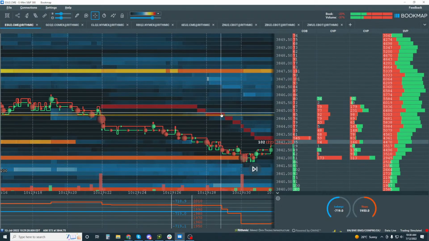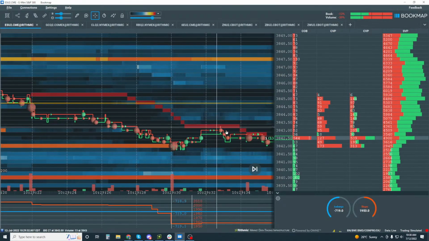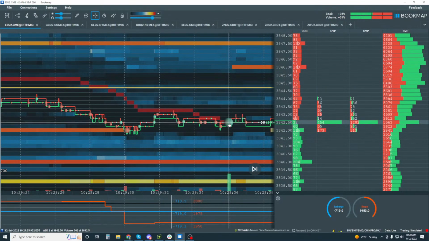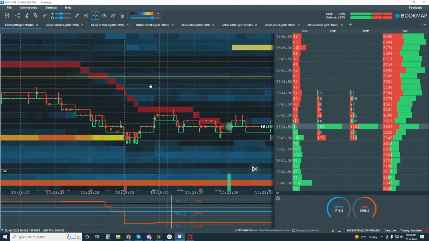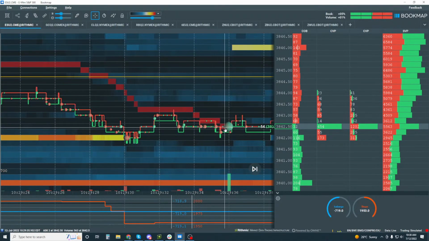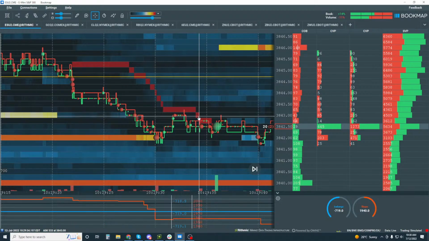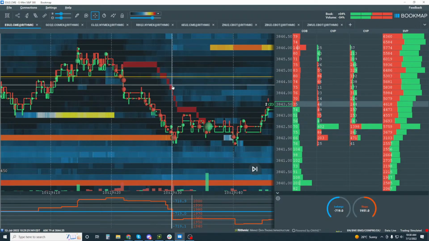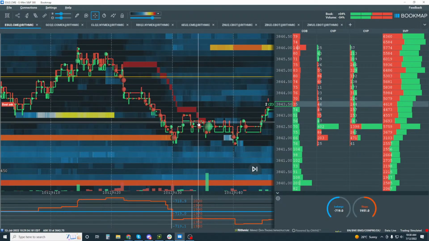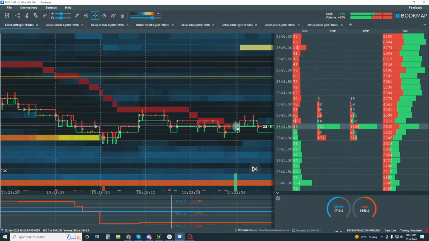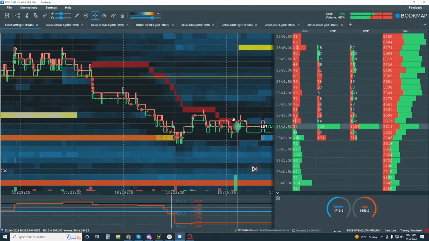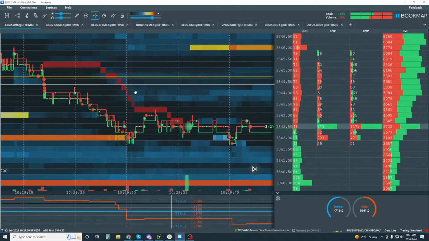Now, is it a spoof? No, it's not, because he actually transacted right here. So he stayed in the order book. We don't know the intent here because he did transact. So maybe he's just trying to get out, and he's afraid price is going to move away.